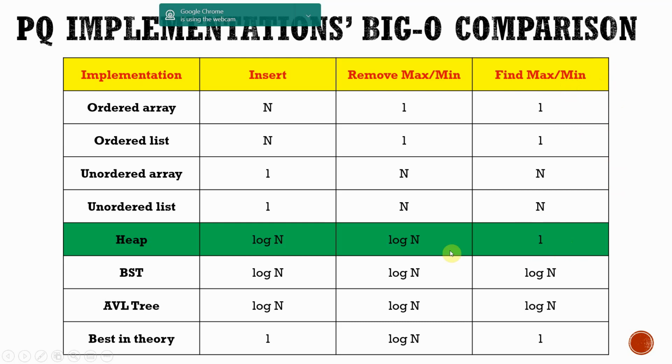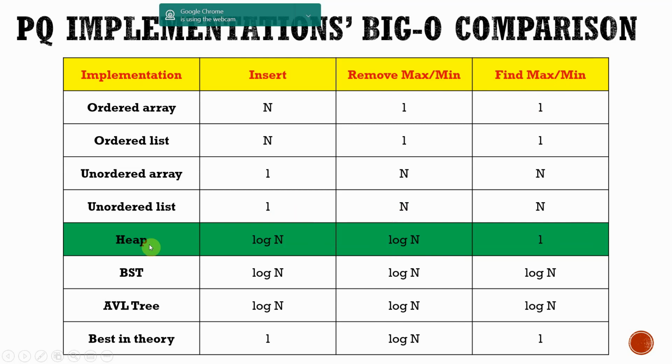So you see that the heap is very easy to implement. The array implementation of a heap is very easy to do, and it provides very good time complexity for both insertion and removal, and also for finding either max or min.